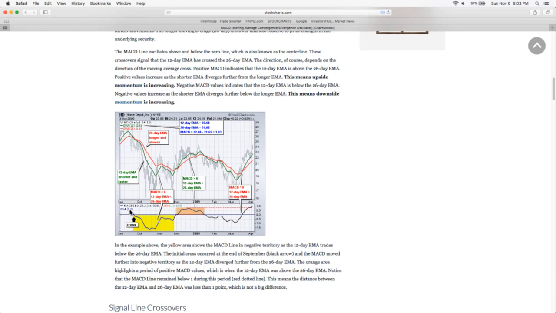And what happens is, when this MACD line crosses below the zero line, hold on a second.